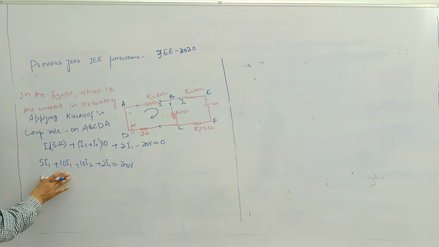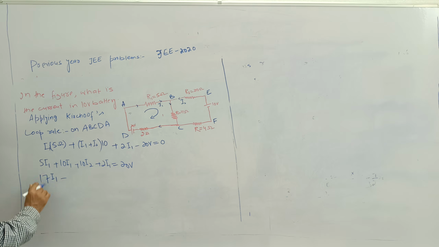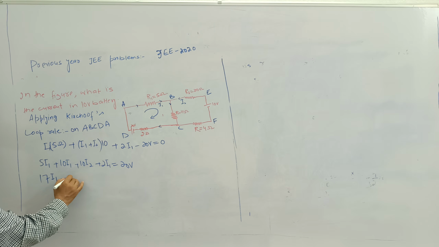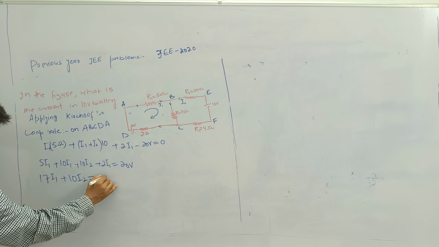So 5I1 plus 10I1 is 15I1, plus 2I1 is 17I1, plus 10 times I2, is equal to 20 volt.